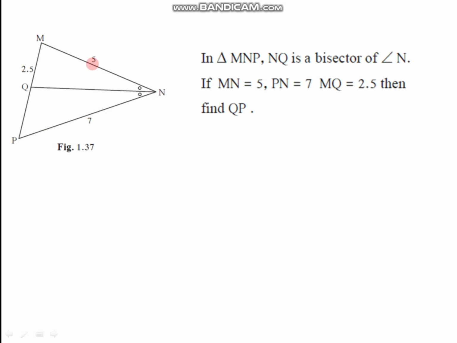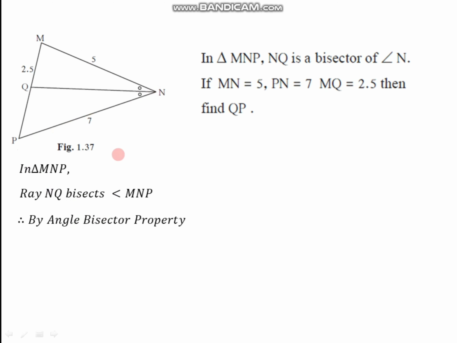So if we take the ratio of MN and NP, it must be equal to the ratio of MQ and QP. So here in triangle MNP, as NQ is the angle bisector of angle MNP, by the angle bisector property, we have MN divided by NP equal to MQ divided by PQ.